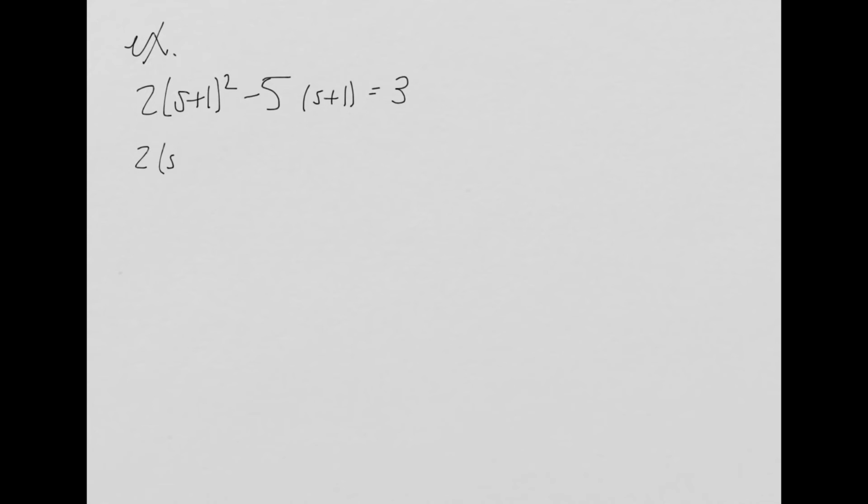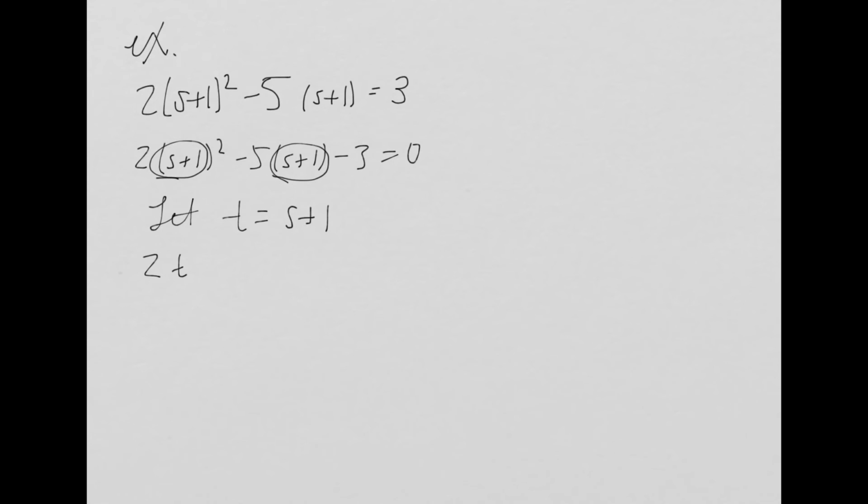So I get 2(s plus 1) squared minus 5(s plus 1) minus 3 equals 0. And now you see it's 2 times something squared minus 5 times that same something minus 3 equals 0. So we're going to pretend, instead of looking at that something, let's let t be s plus 1. Then we're really trying to solve 2t squared minus 5t minus 3 equals 0.